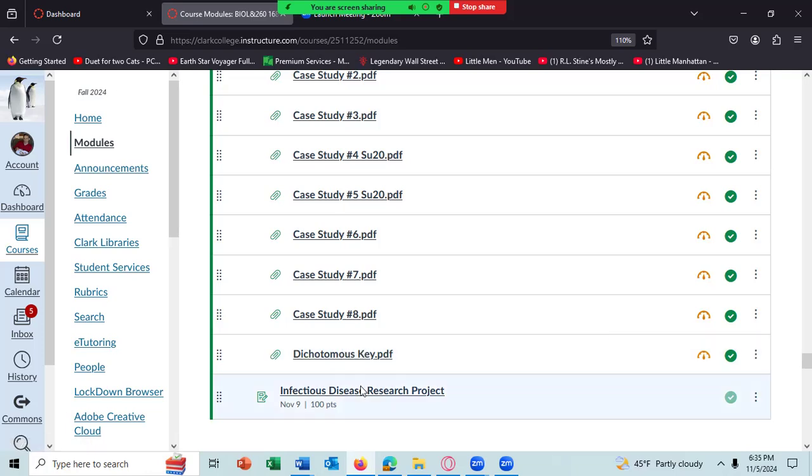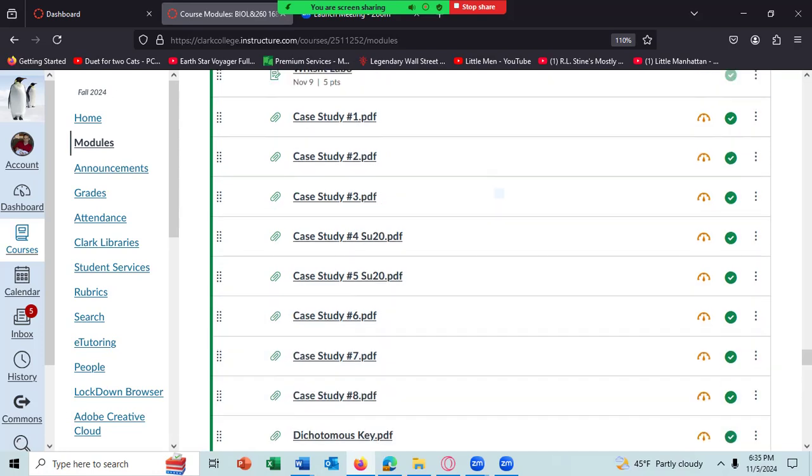I thought about putting these all together, other than the dichotomous key, in one file, but I got these from the case studies and the individual files from our microbiology prime instructor.